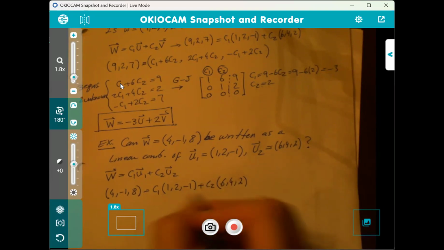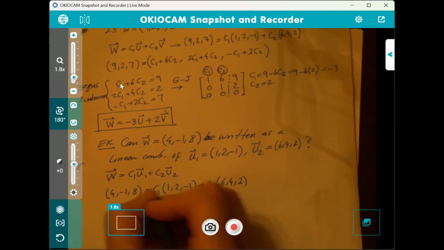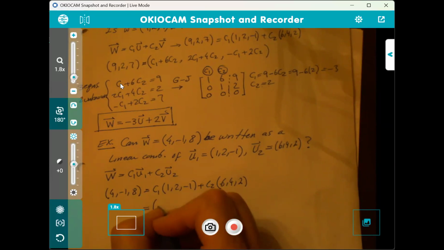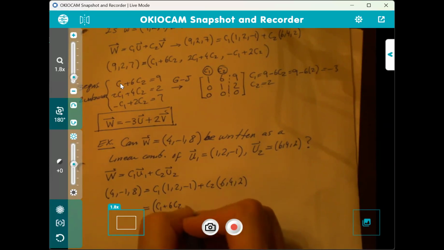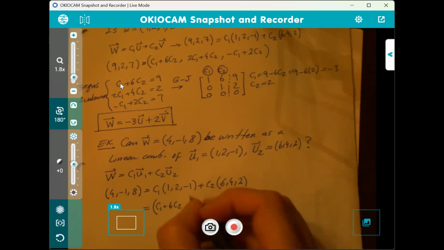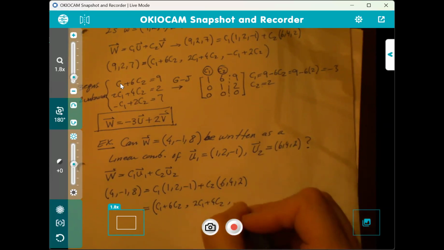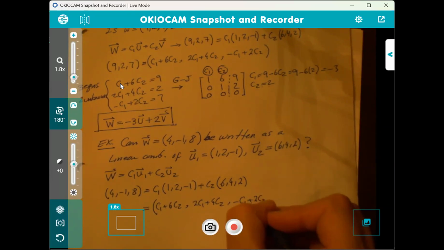Now let's add on the right side. C1 times 1 plus C2 times 6 is the first component of the sum vector. That's C1 plus 6C2. And then 2C1 plus 4C2 is the second component. The last component is -C1 plus 2C2.